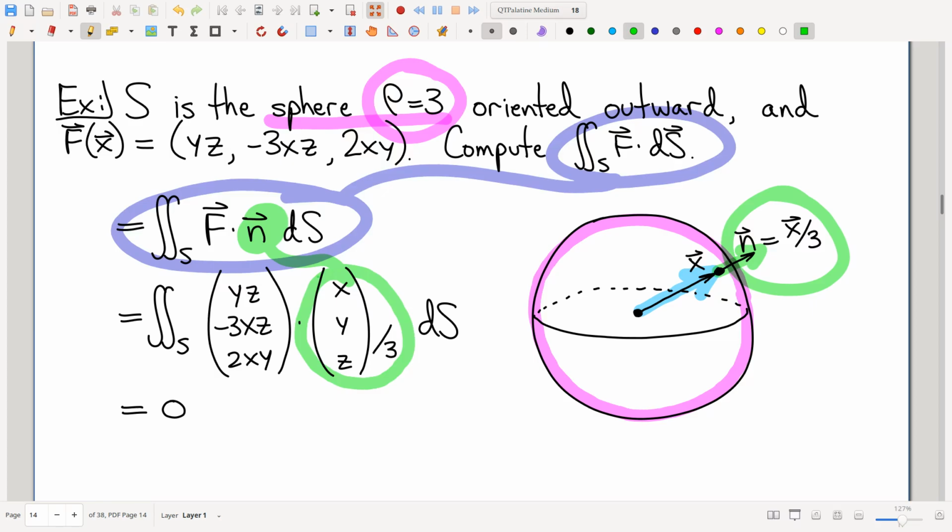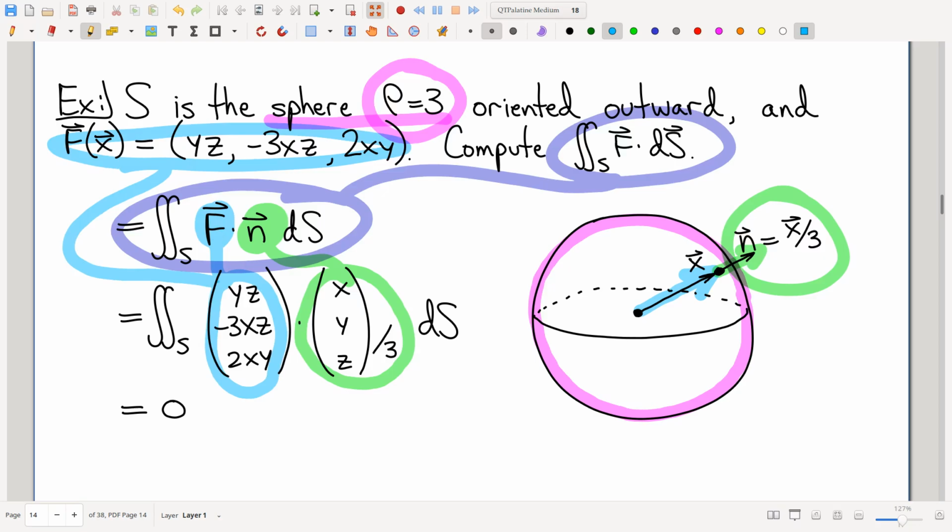Does that help me? Well, again, maybe not. My vector field, though, I can plug that in. And here's where we start to notice the good news. You can crank out this dot product. That dot product is obviously 0, and we're done.